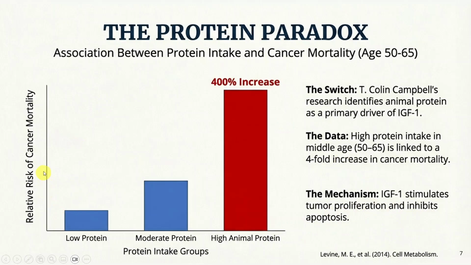So on the left here, you have relative risk of cancer mortality. On the bottom, you have protein intake in groups. If you have low, this is specifically animal protein, then your relative risk of cancer mortality is low. Low protein, low risk of cancer mortality or cancer death. Moderate protein increases that risk, but when you have high animal protein, 400% increase.